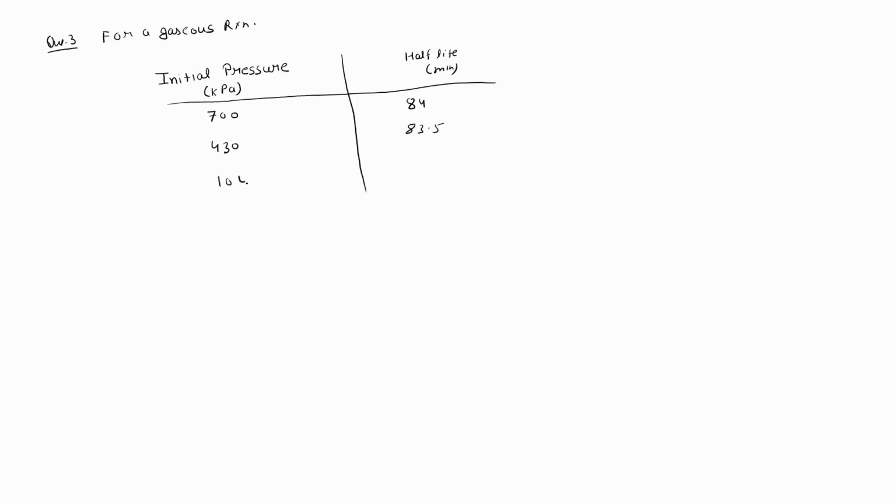Initial pressure, which is in kilopascal, and half-life, which is in minutes. So the data are: 700 kilopascal, half-life is 84 minutes. 430 kilopascal, half-life is 83.5 minutes, and 104 kilopascal, half-life is 84 minutes.